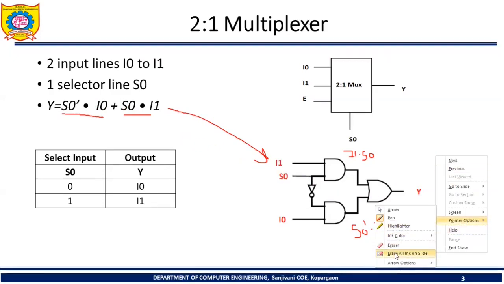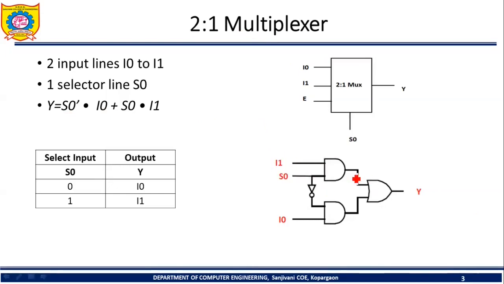Now let's try to understand the working of the 2:1 mux using this logic diagram. If S0 is 0, what output are we expecting? Whenever S0 is 0, we expect the output of the multiplexer to be I0. Let's see whether it is happening here.